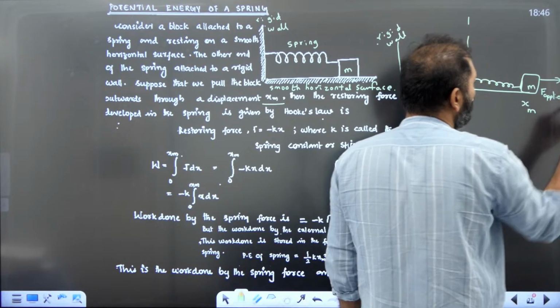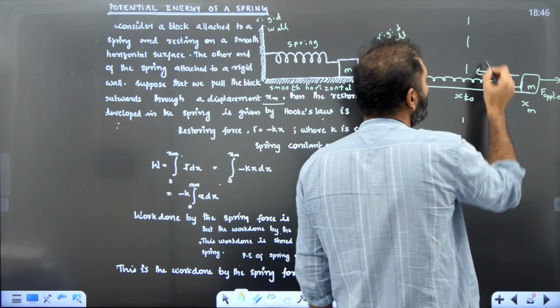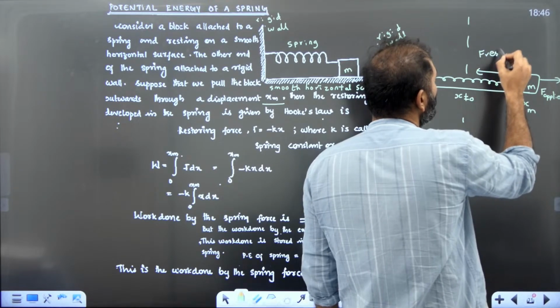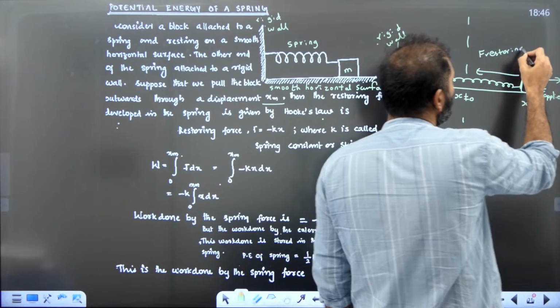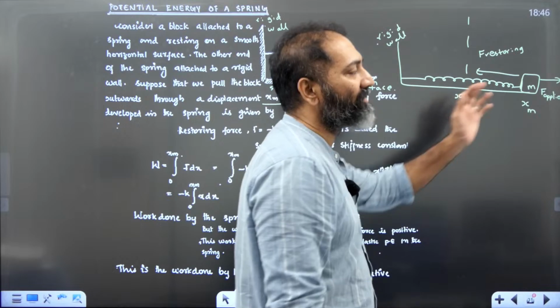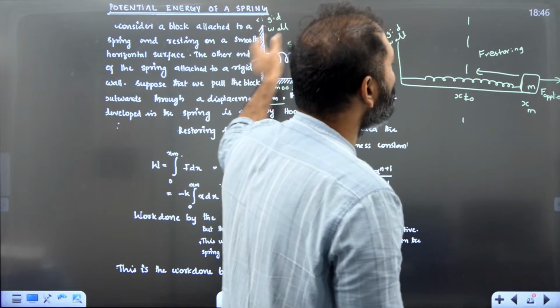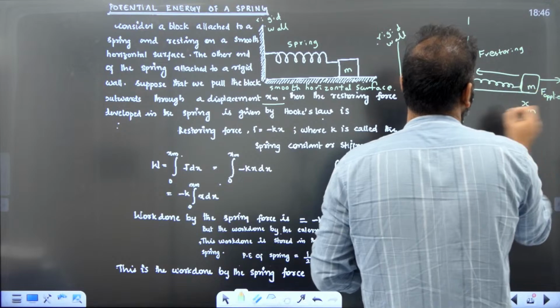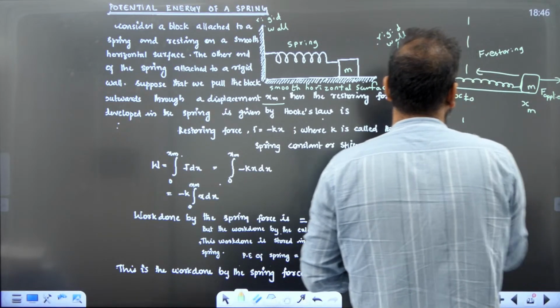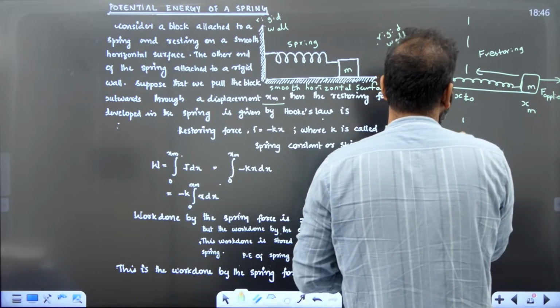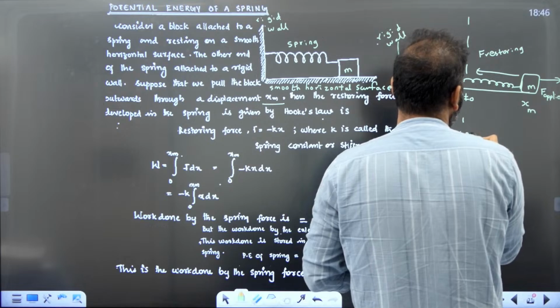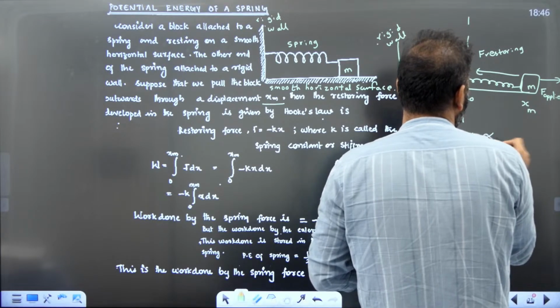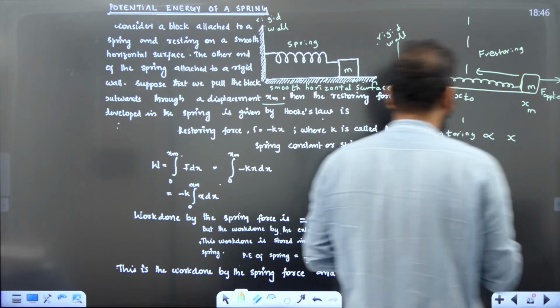F applied. See, the spring will have a restoring force. The force which brings back the block of mass m to its initial position is called restoring force. And this is the displacement. We know that restoring force is directly proportional to displacement. Higher the displacement, higher will be the restoring force.